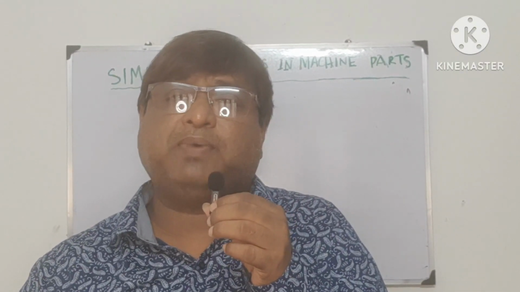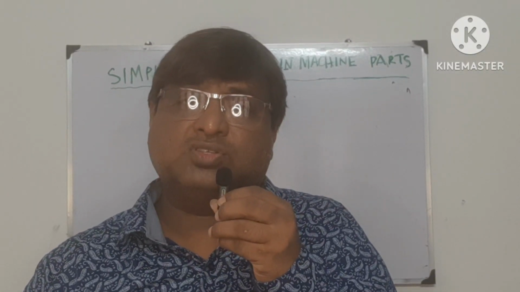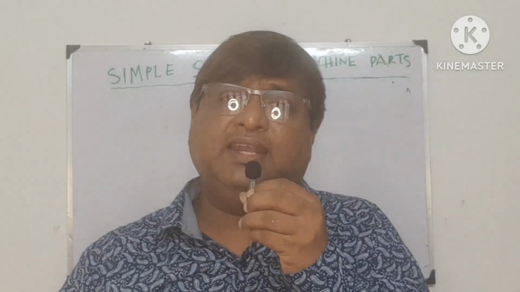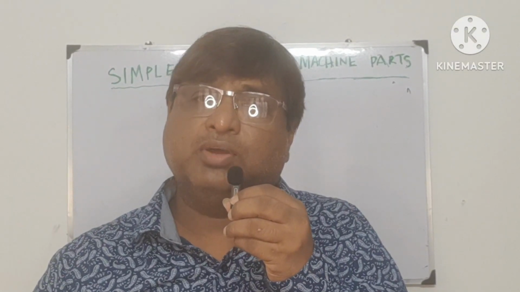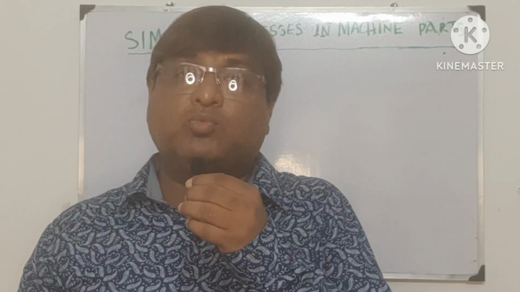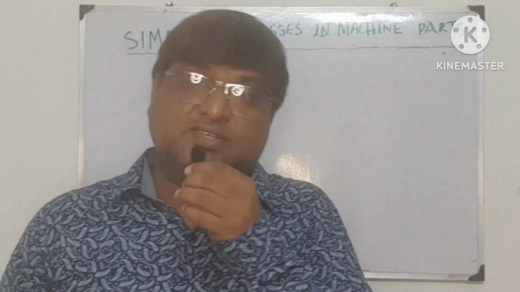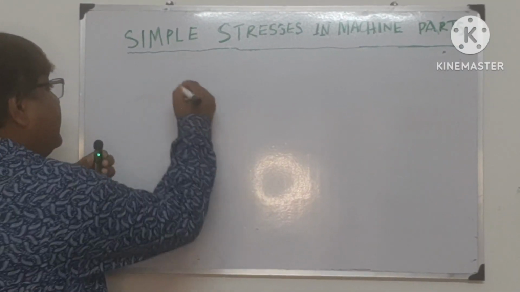Deformation per unit length, we can say, is strain. So strain is delta L by L. Delta L is the deformation of the body and L is the original length.